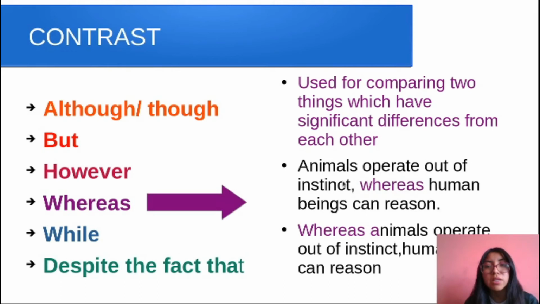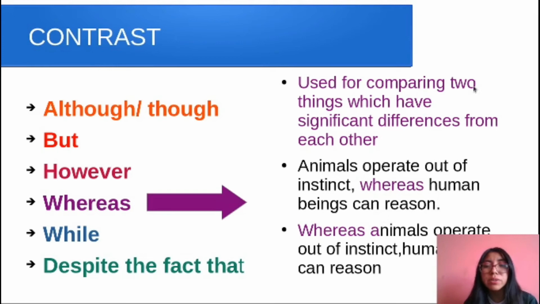Okay, pay attention. That is my first idea and that is my second idea, and I am comparing the two ideas in one sentence. Esta es mi primera idea, esta es mi segunda idea, por eso tengo una coma. Y lo que hago, whereas, me separa las dos ideas en una sola oración. Animals operate out of instincts, whereas, mientras que, human beings can reason, pueden razonar, mientras que los humanos pueden razonar.